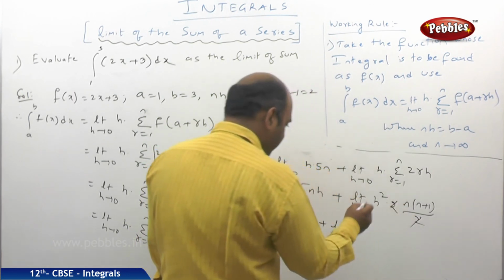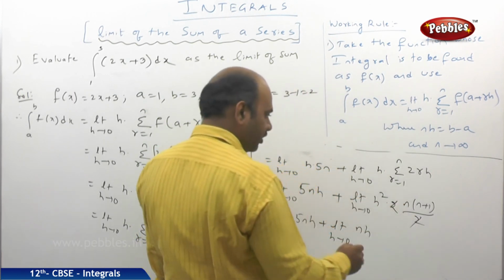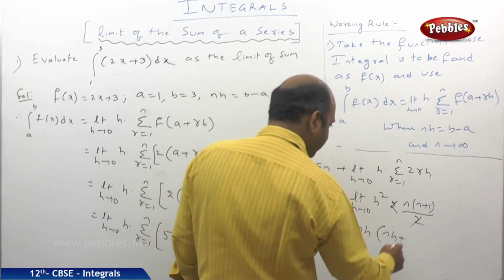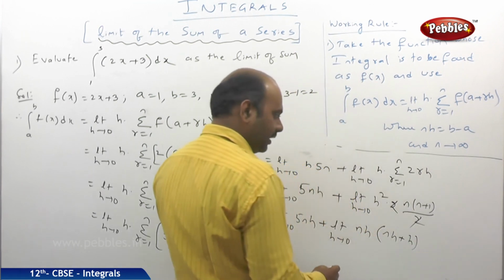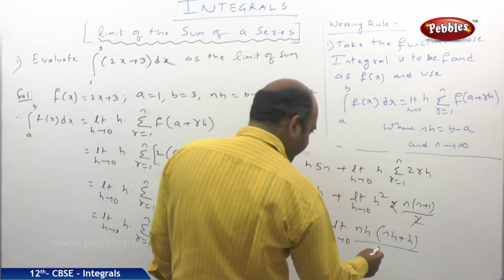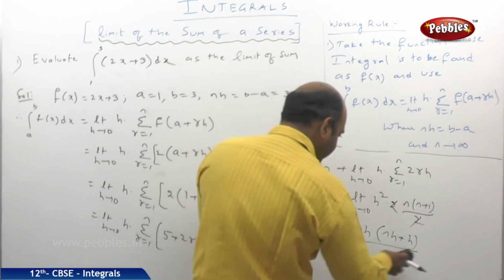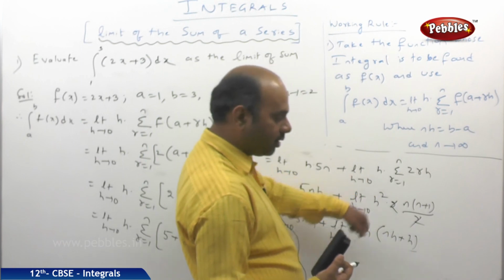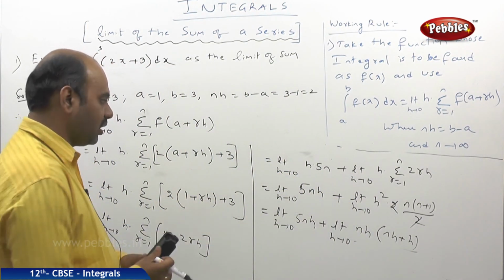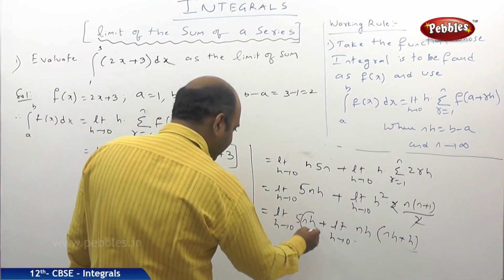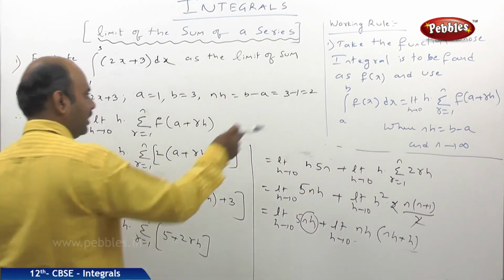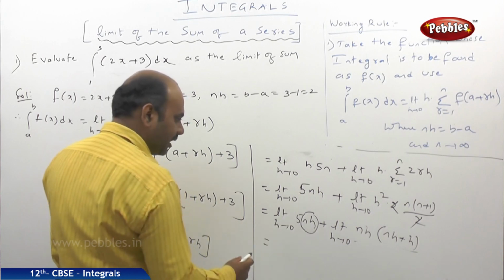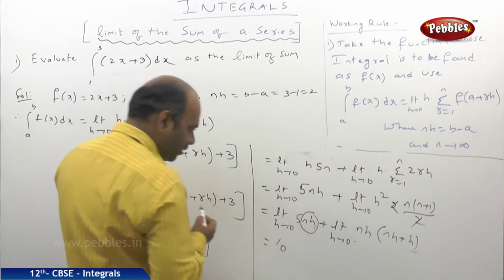See here, very beautifully I will be writing nh, and if you observe carefully, nh again, one h outside, plus h, (nh plus h) whole, divided by nothing, 2 I made cancel. If you observe carefully, even if you take h outside, there remains h square, so there is no loss for us. But in place of nh I can write 2. Therefore 5 into 2 will be 10, and limit h tends to 0, 10 means 10 only.